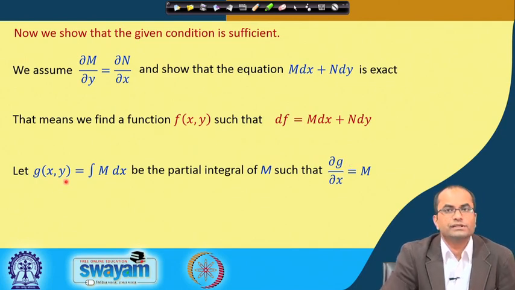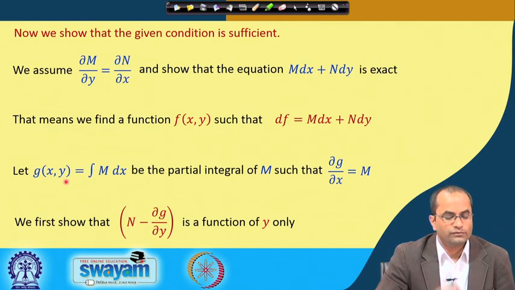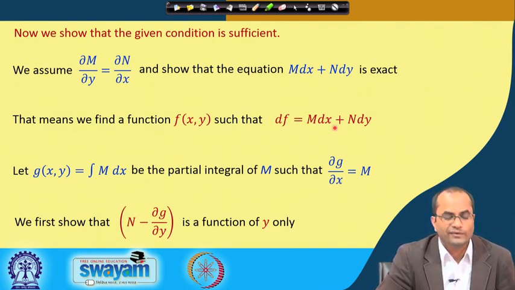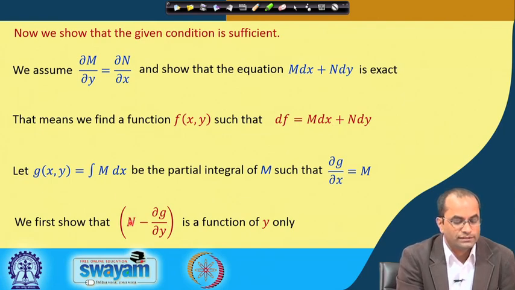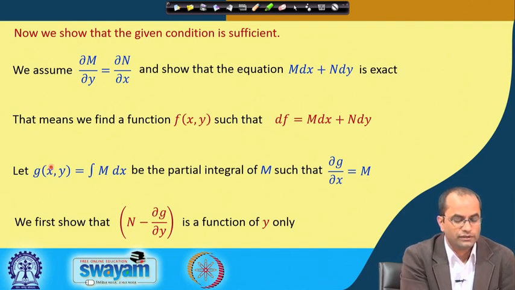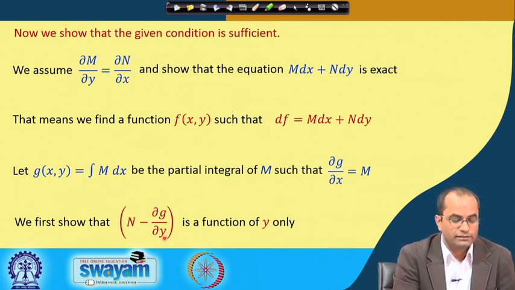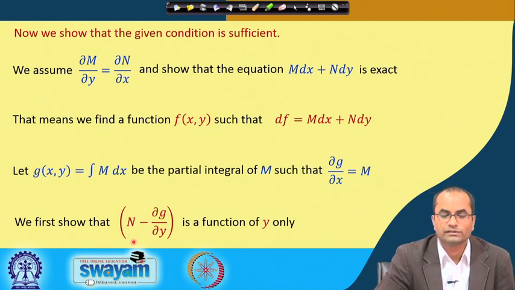Having such a g, before we exactly construct the f whose differential is M dx + N dy, we will first show that the function N − ∂g/∂y is a function of y alone.